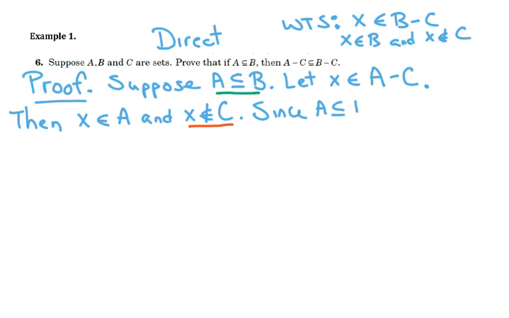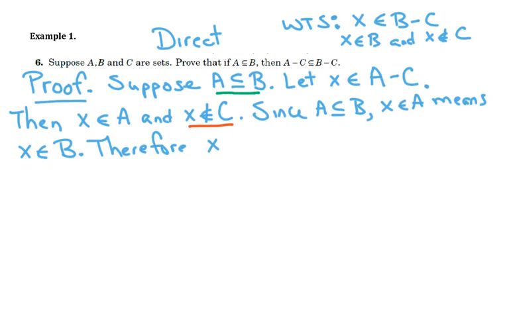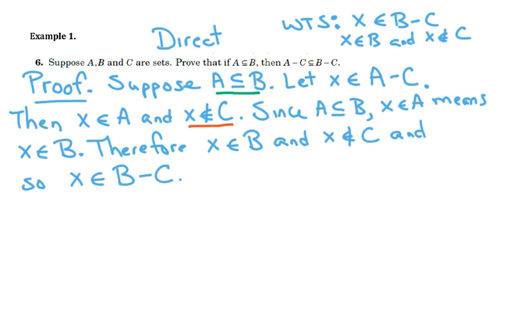So since A is a subset of B, x in A means x is in B. Therefore, this x is in B and x is not in C. And so x is an element of B minus C.